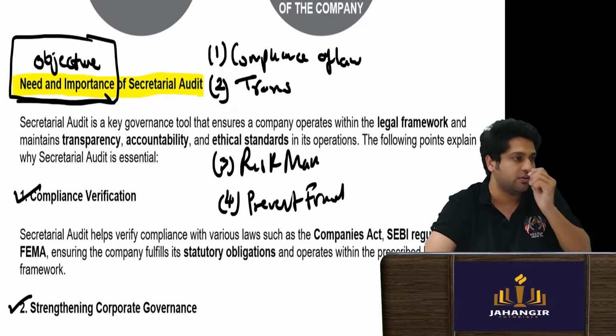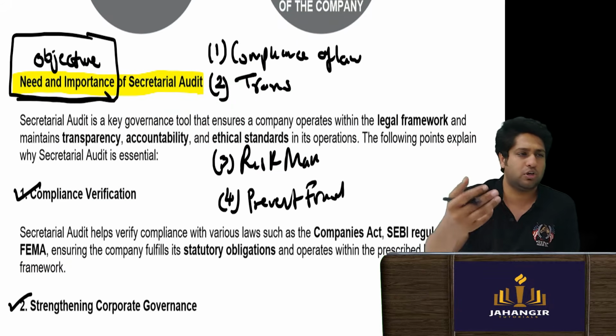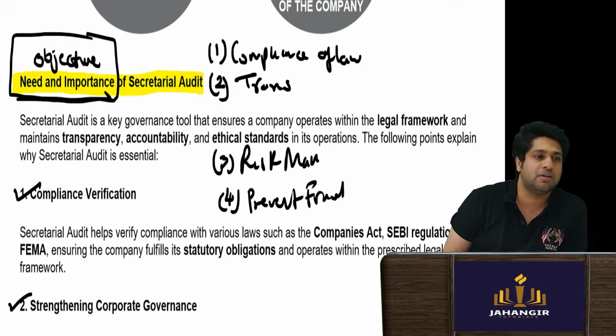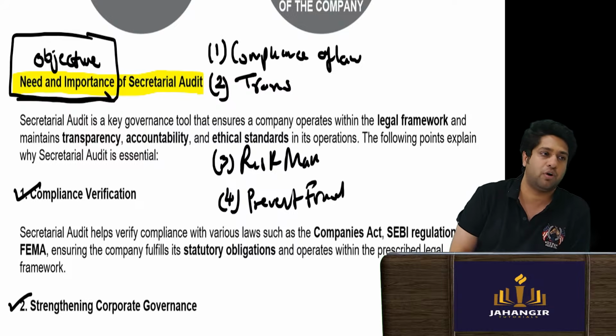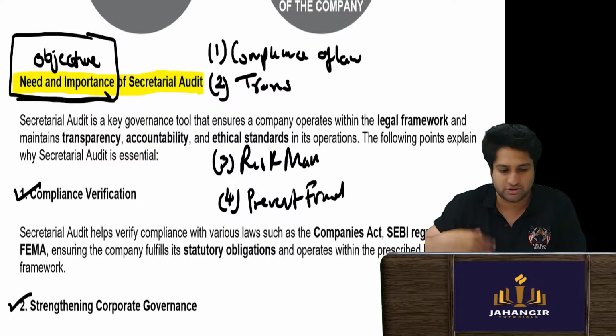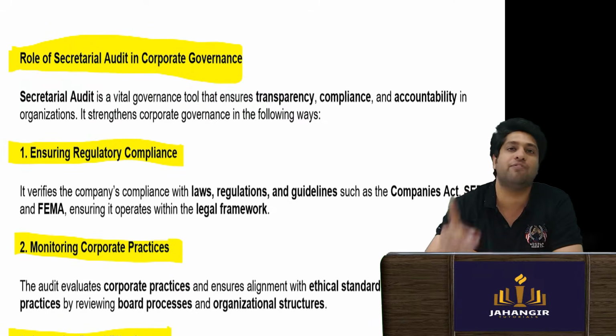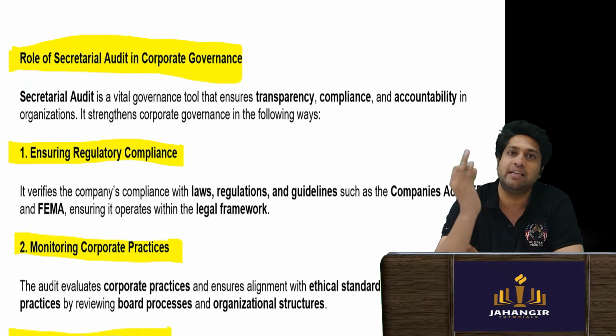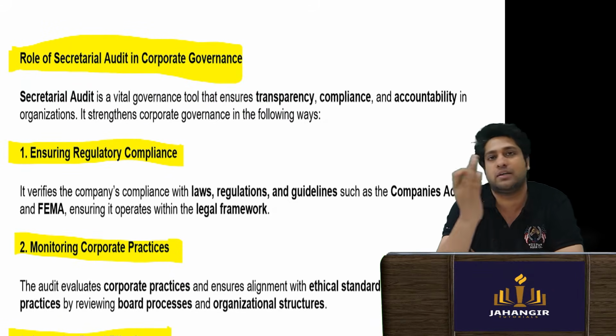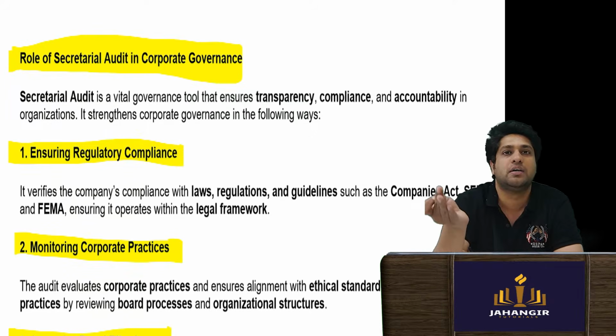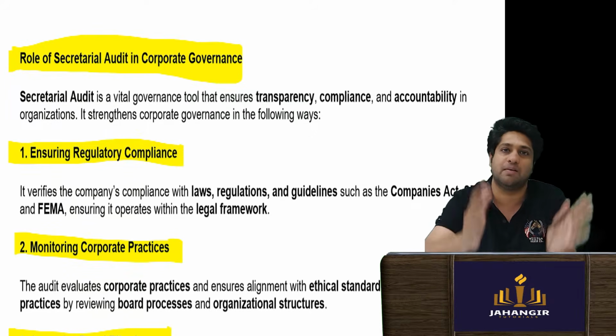Now for the need, you can write the need of compliance with the laws. This is very basic. Risk management tool, preventer of fraud, and ensuring that the transactions are in place. So this is the importance and benefit; it's good corporate governance. So you can have one answer on the need of secretarial audit, the benefits of secretarial audit, the scope of secretarial audit, all will have the same points.